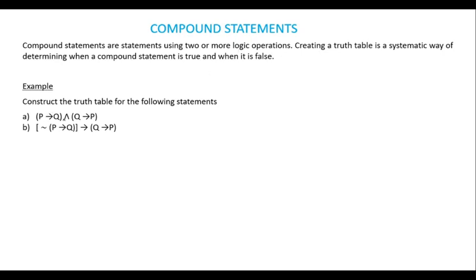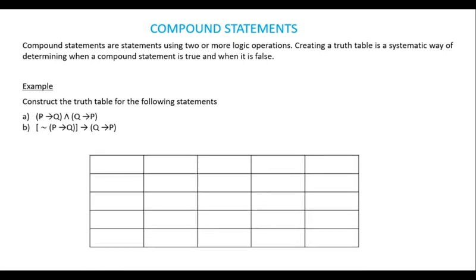We have the AND operation, which is the conjunction operation, and then we have another implication. So we have three logic operations here: the implications, two of them, and the conjunction operation also. So let's look at the truth table for example A.